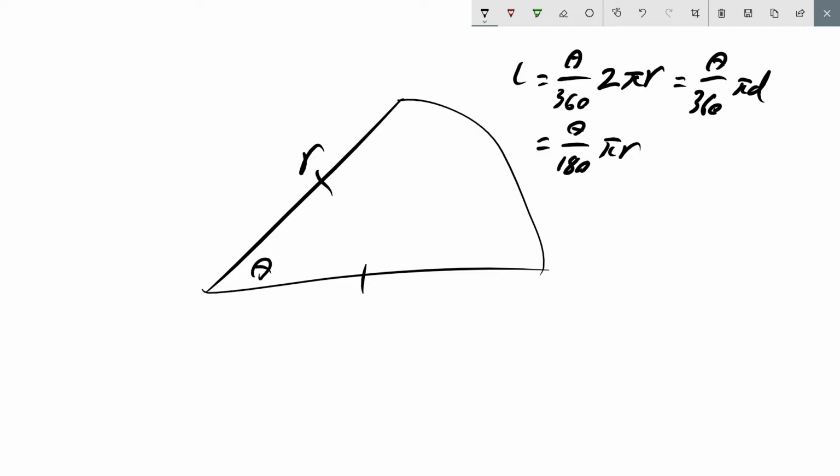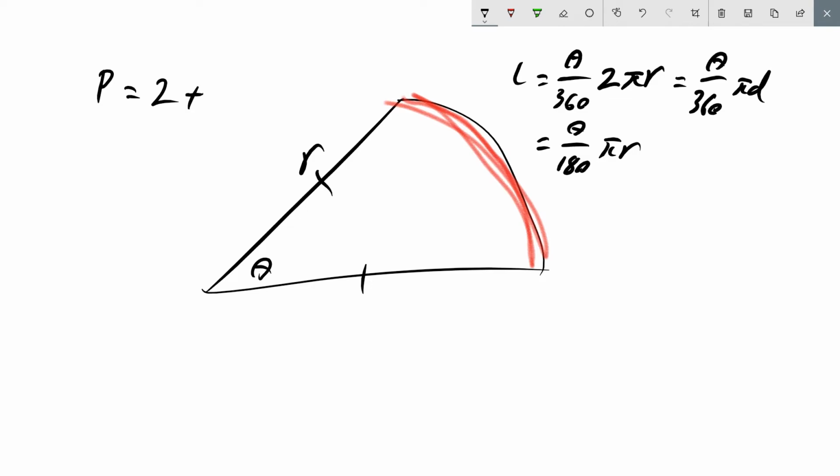So this length here would be this part of the pizza. So let's say our radius is 1. So it will be 1 plus 1, so we have 2. P is equal to 2 plus, and then we have to work out our length. So let's say this angle in between is 20 degrees.